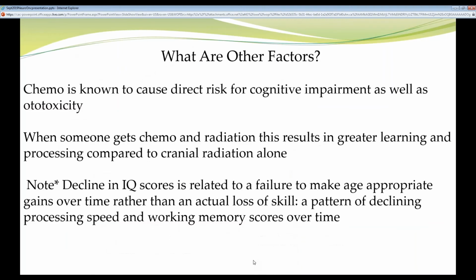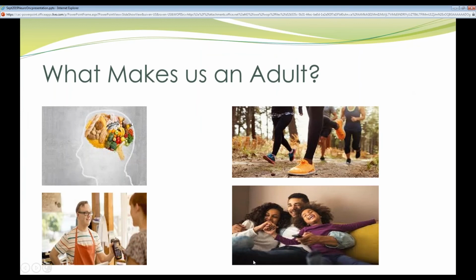So what are some other factors that we know to be true? Some other factors are what really makes us an adult. There have been lots of different psychoeducational models that describe the different age groups that people attain. Some people think becoming an adult means that you're able to have a family. Some people think it means you're having your job.